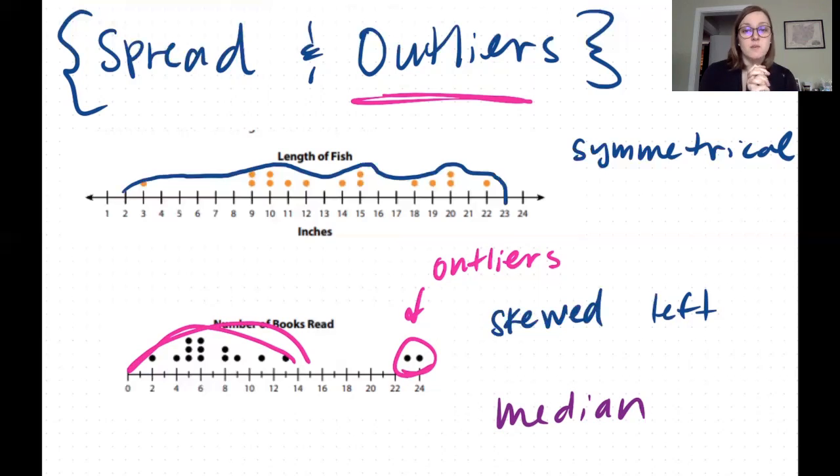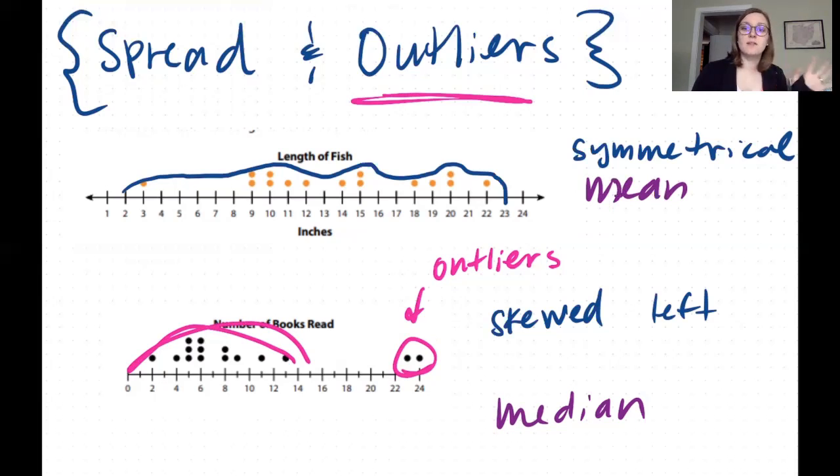Because with the mean, remember, we had to add them all up and then divide by how many pieces of data we have. Now, the issue with that is when I add them up, it's going to make my sum be a lot bigger. And then when I divide, it takes those into the average. So you really only want to use the mean when you have some more symmetrical data.